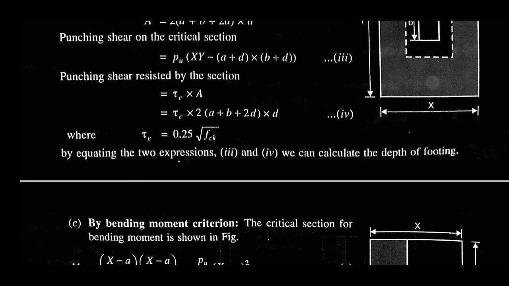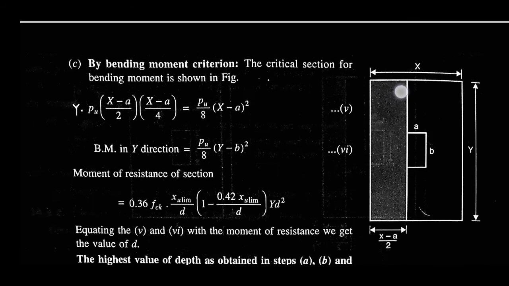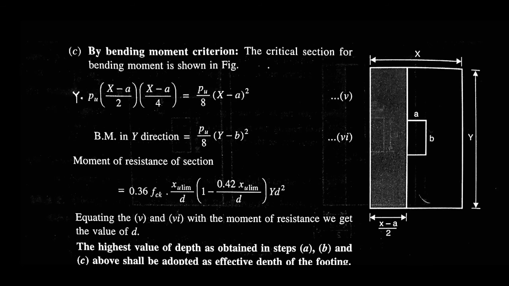Now the last criterion is the bending moment criterion. The critical section for bending moment is shown in the figure. This may be this side or maybe that side, another side. So this is the critical section. The shorter direction is x as usual, the longer direction is y. So the side of the critical section will be x minus a by 2.